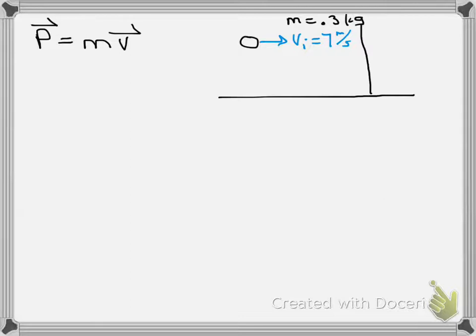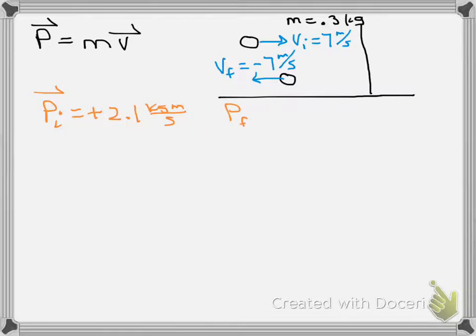Let's look here at a change in momentum where an object does not come to rest. Here I have a ball, let's say it may be a tennis ball, 0.3 kilograms of mass, moving at 7 meters per second towards a wall. And it hits the wall, bounces back with the exact same speed it had before, 7 meters per second, but now in the negative direction.